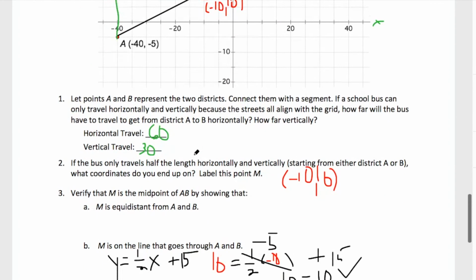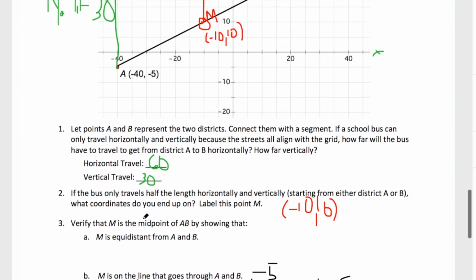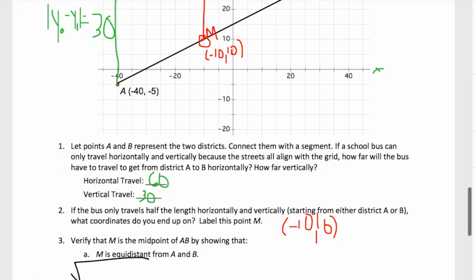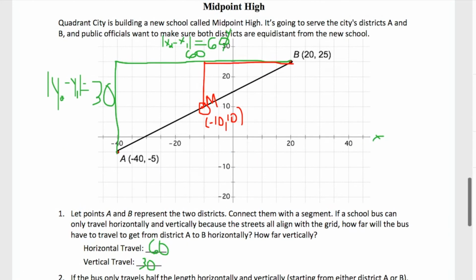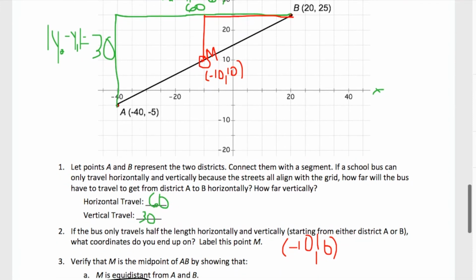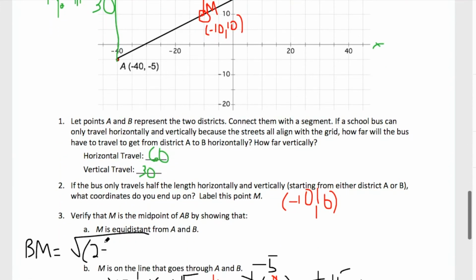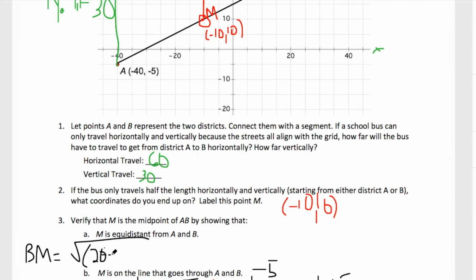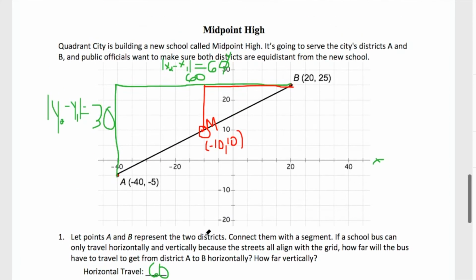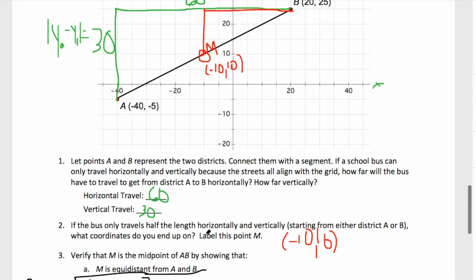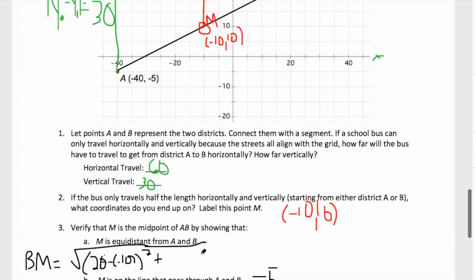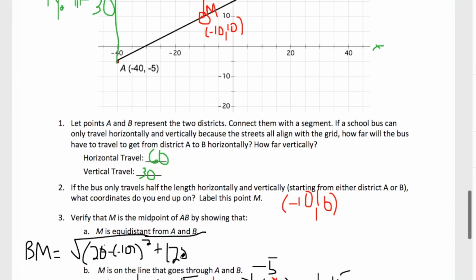And equidistant, sure, that's the distance formula. So distance BM would equal root. We'll do our x's first, 20 minus negative 10, squared, plus the square of the difference in vertical distance, which will be 25 minus 10.